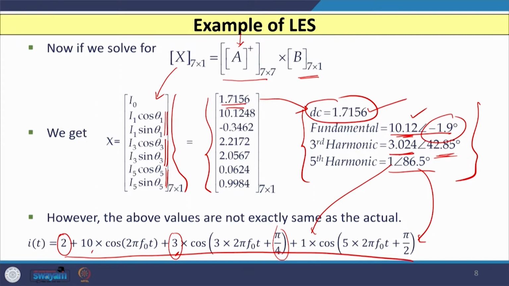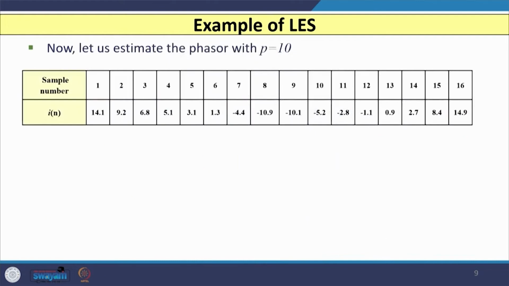So, further, to get accurate results for the phasor values of the DC, fundamental, third and fifth harmonics, let us increase the number of samples, that is P. As I told you, when we increase the value of P to greater than 2H plus 1, your matrix A becomes non square, and that is why you have to take the pseudo inverse.